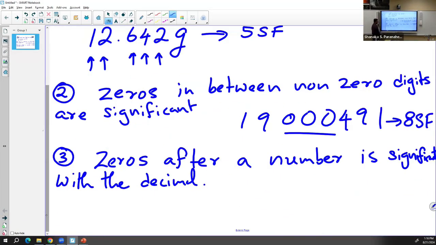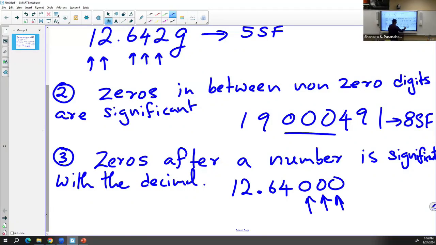When there's a decimal point in a number and you have zeros at the end of the number, those zeros are going to be significant. That's an example: 12.65640000. These zeros come with a decimal point, and those zeros are after the number, and those are significant zeros. So in this number, there are 7 significant digits.